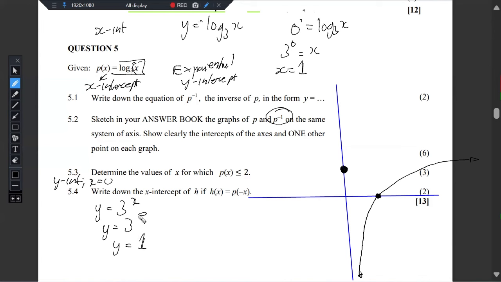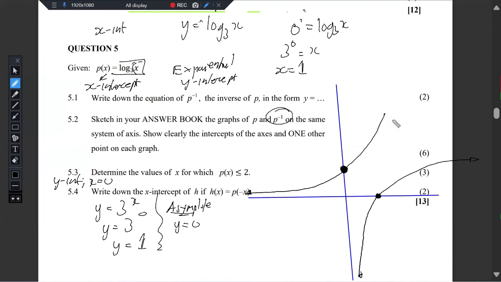And the asymptote for this graph is always represented by this line here. So it has an asymptote at y is equal to 0. That means it would approach this line, but it would never touch this line. And then obviously it curves like that.